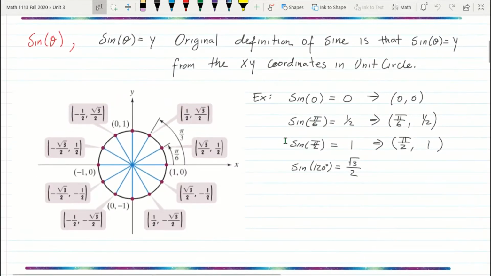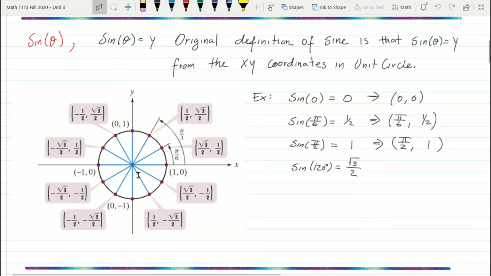Okay, the first one we'll talk about is sine, and the idea is that the first definition we learn is that sine of an angle equals y, and that y refers to the ordered pair here.